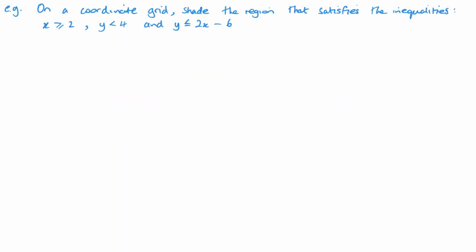Now, let's look at this first example. Before I start, let me just bring to your attention that when we see a question like this on a coordinate grid, shade the region, often this type of question would be on actual graph paper.